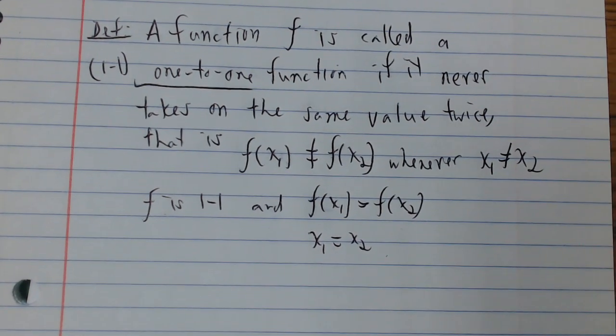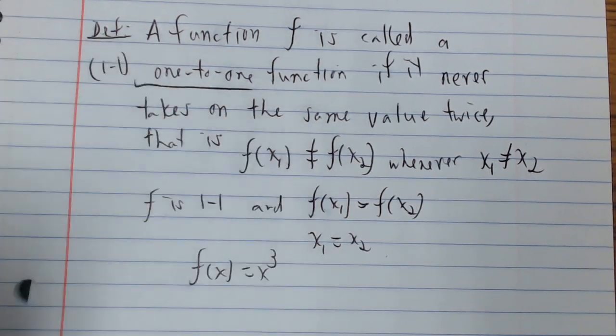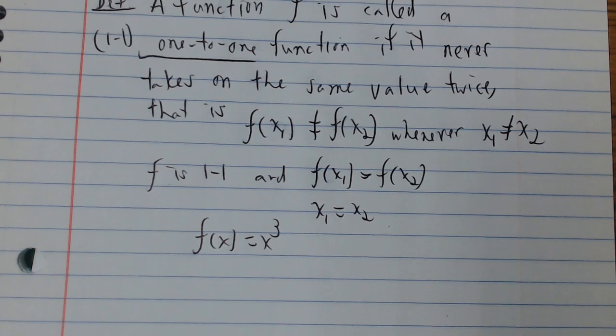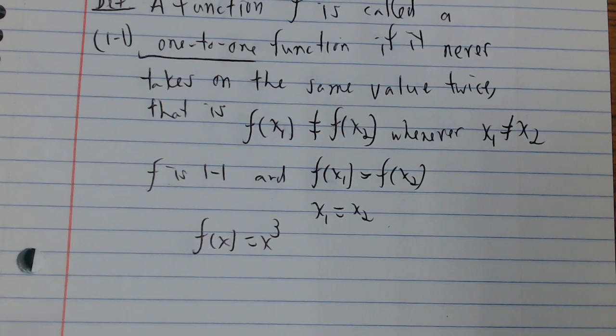To clarify it even more, take into consideration f of x equals x cubed. That's a one-to-one function, right? Because if I plug in 1 for x, I'll get 1, but that's the only way I could get an output of 1.